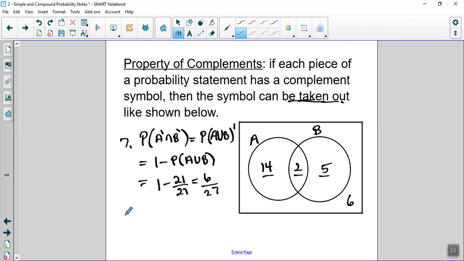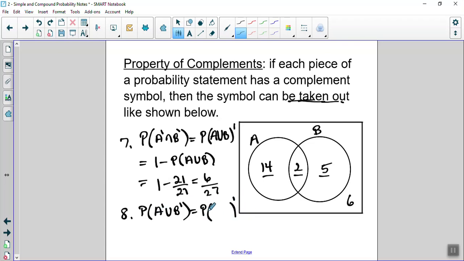There's another question that you might run into that has complements on both letters. So what if I said A complement unioned with B complement? Again, this is confusing to look at. So we can take out the apostrophe, much like factoring out an apostrophe, right?